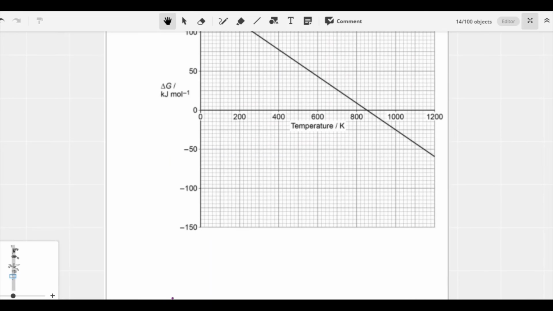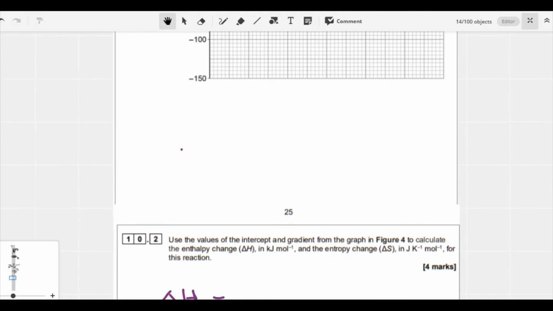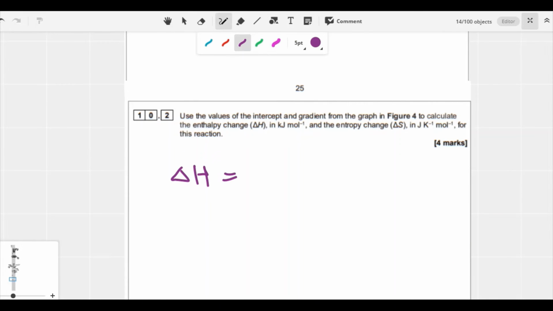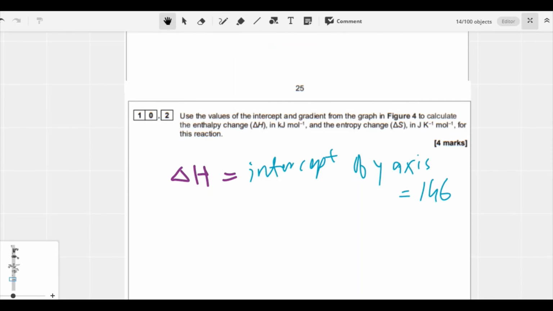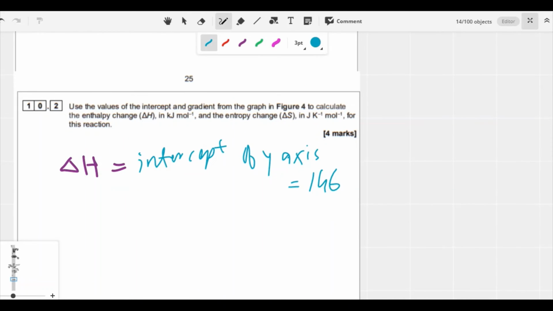Or you can say 145. Let's suppose I am going to take 145. So that is the del H intercept of the y-axis, and that will equal 146, and the unit will be kilojoule per mole.